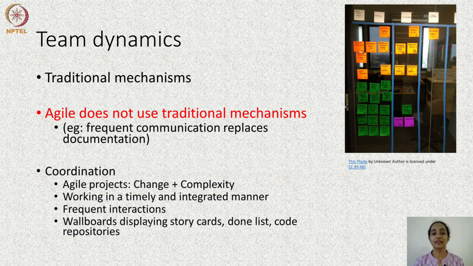One example is that Agile does not depend on extensive documentation. Instead, it forces its members to have frequent communication with each other so they are kept up to date about the requirements of multiple stakeholders and dependencies between team members.